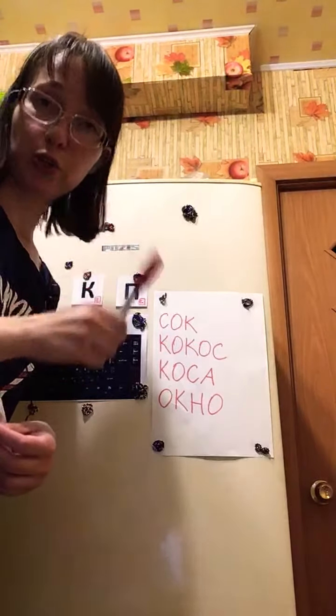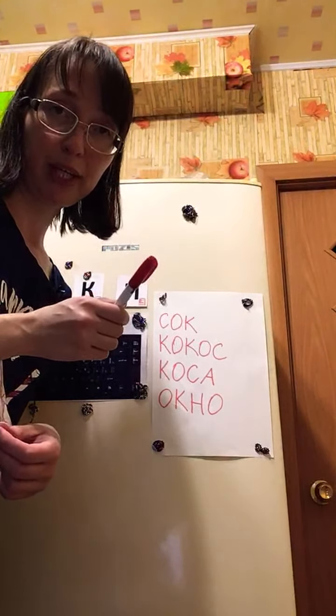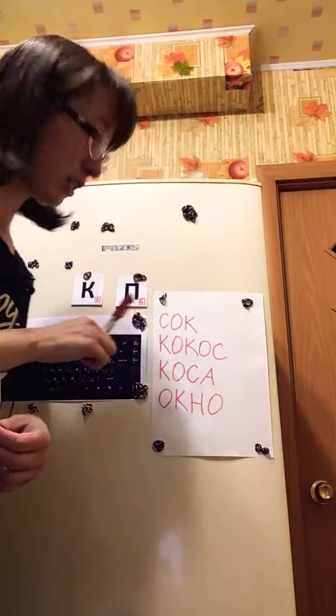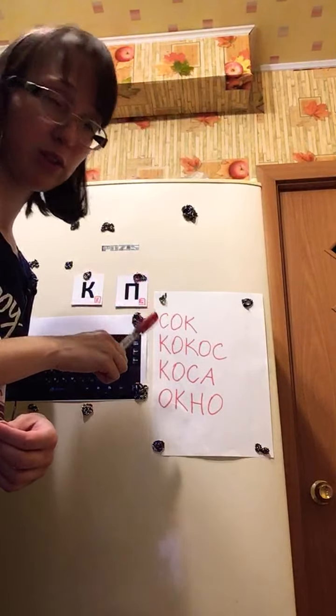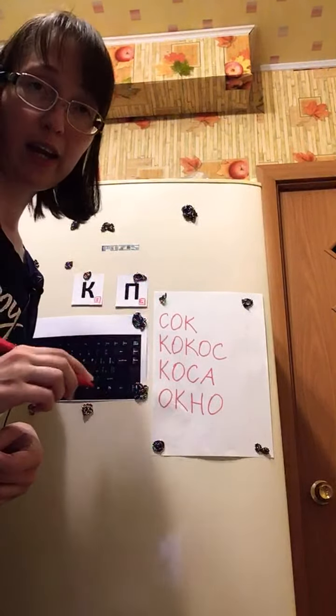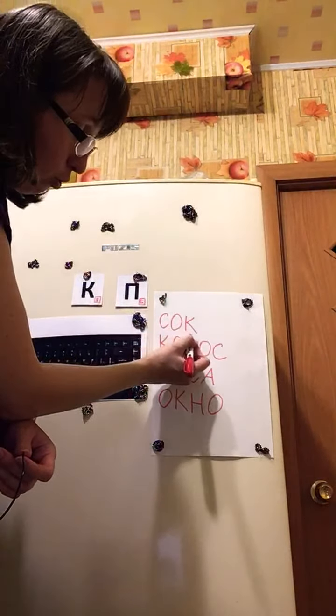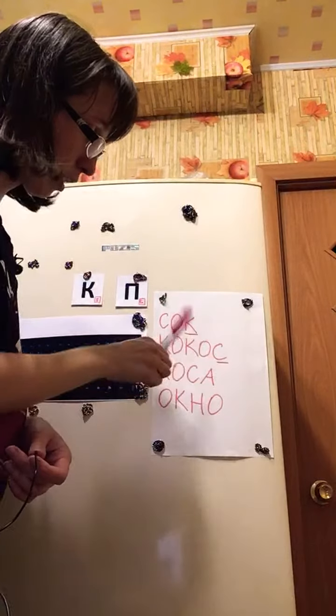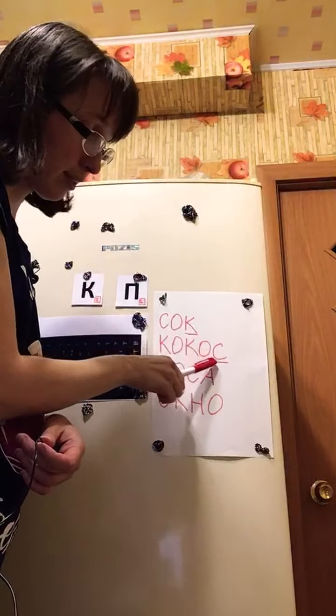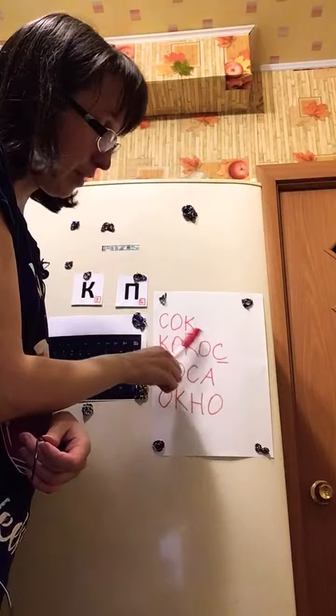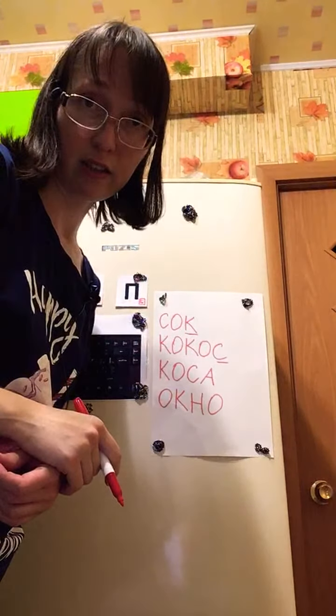Now, guys, you need your notebooks, you need your pens, because we need to make some notes about their genders. Look at the end of these words. K, s, in the end. These letters are consonants.